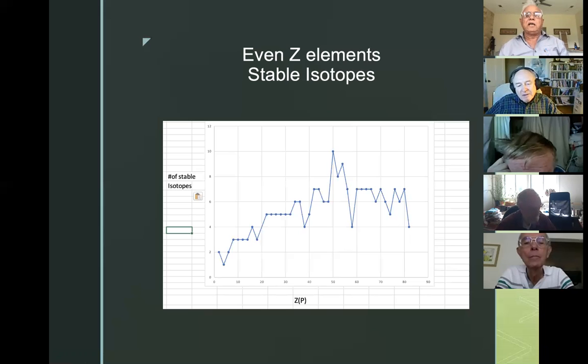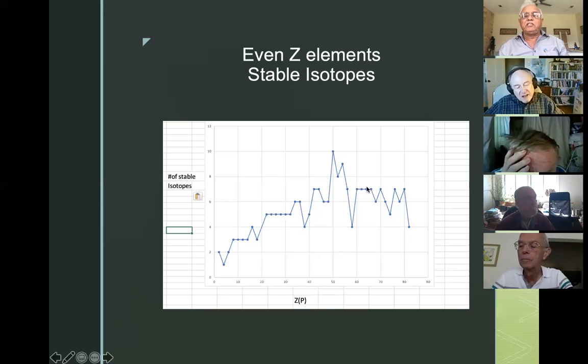One other thing you can see just by plotting the data this way is which elements will be good neutron absorbers, because they have more stable isotopes, and when one absorbs an additional neutron, it can go to a certain level which shows here that will be stable.